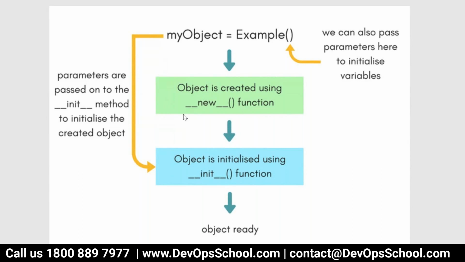This is also an interview question: how is this object created? The object is created using the new built-in function, and after that the init constructor is used to make the object ready. Now they'll ask you what is the role of init. You can say it is instantiating all the members of the class for the objects, all the data members. Are you understanding, all of you?